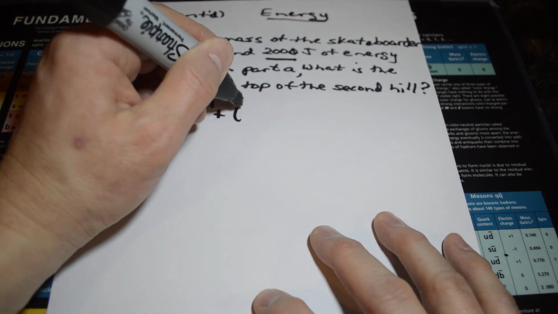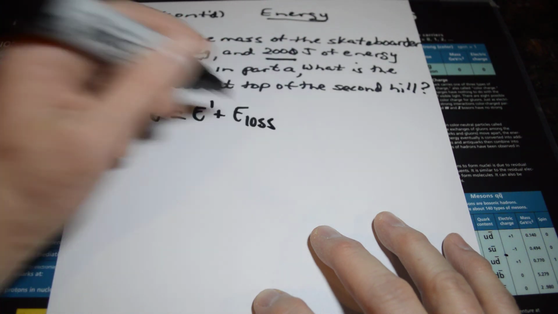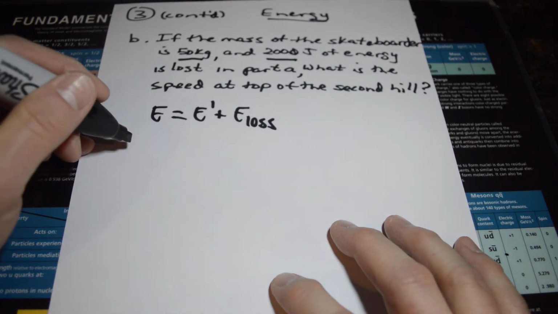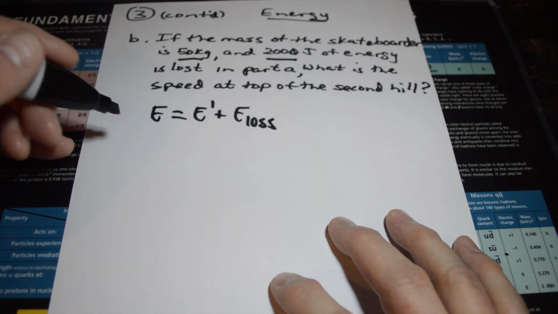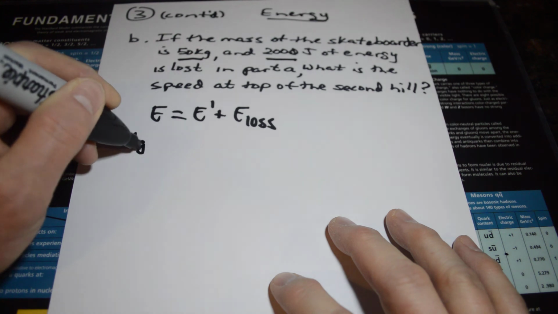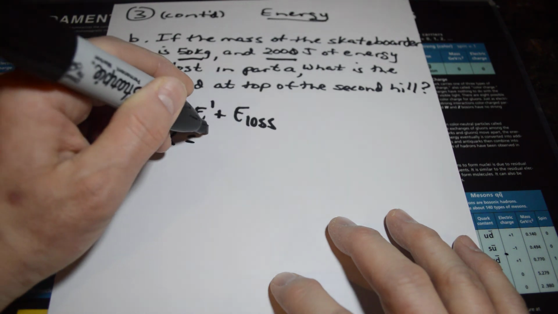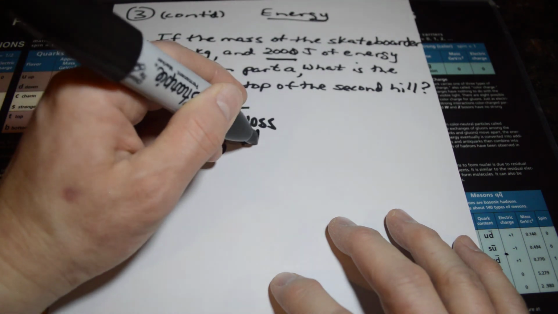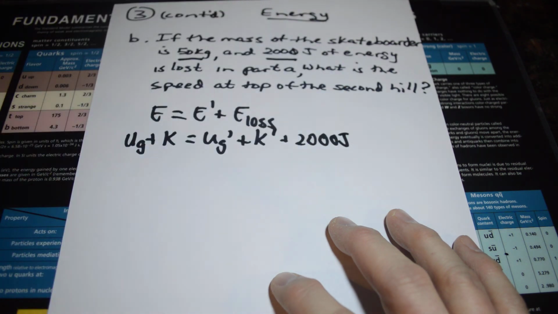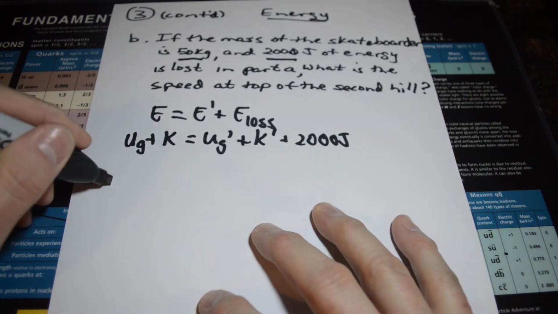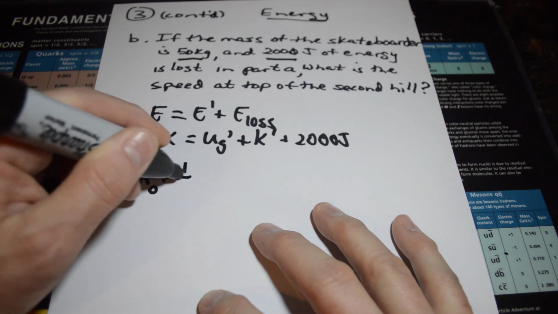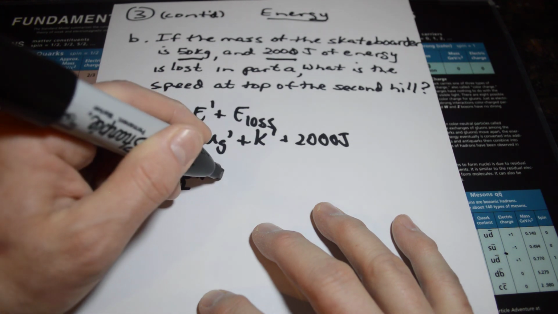It's just, I might add a piece to the puzzle, which would be how much energy is lost, because E prime will in fact be less than E. So we're going to keep going with this and say, well, it's the potential plus the kinetic equals the potential plus the kinetic plus the 2,000. If you want to add in 2,000, then you're going to need to make sure that you put in the mass this time. The mass can't cancel.